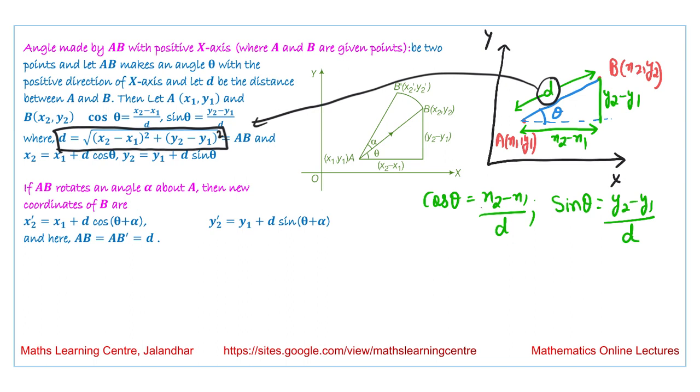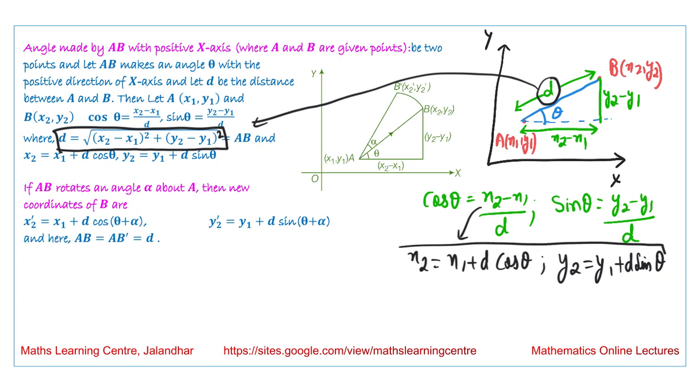Now from this we obtain that the value of x2 is equal to x1 plus d cos theta, and the value of y2 is equal to y1 plus d sin theta. These are the values of the point x2, y2.